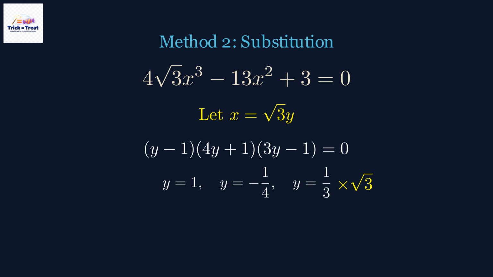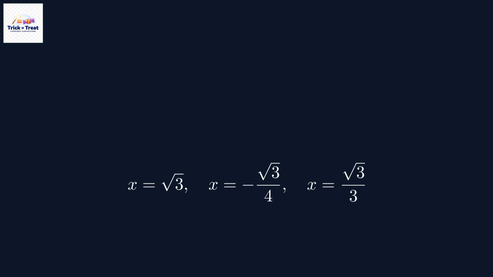But wait, the problem asked for x, not y. Multiply these y values back by √3, and we arrive at the exact same solution set we found earlier. x = √3. x = −√3/4. x = √3/3.